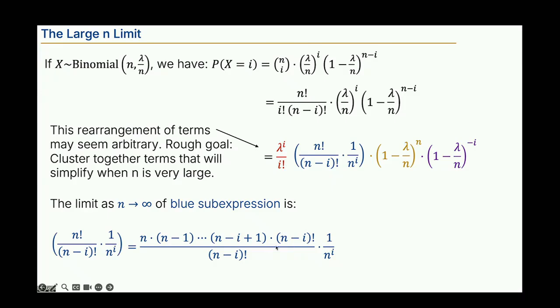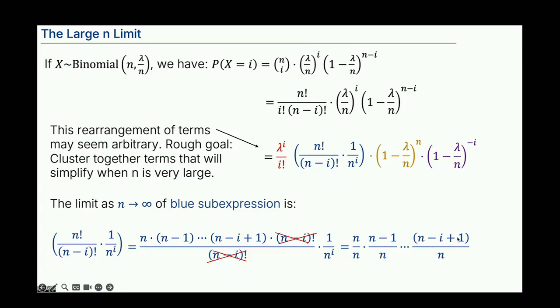As someone just noted, I can then cancel out these last so many terms, right? So I'm going to take these terms and cancel them out. Good. So I've gotten rid of some stuff. Not totally done yet. But here, I now have a bunch of n's minus something. But they're basically n's. So I have n over n times n minus 1 over n times ... times n minus i plus 1 over n.